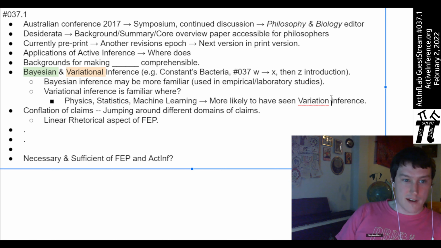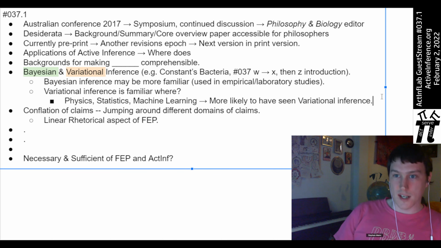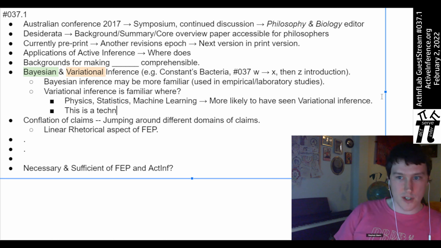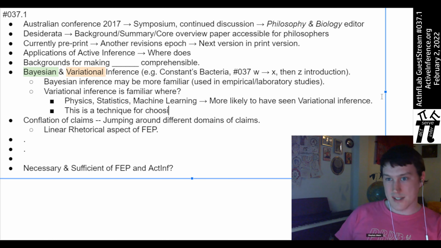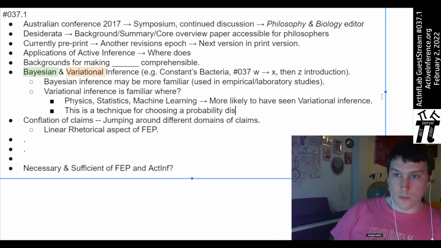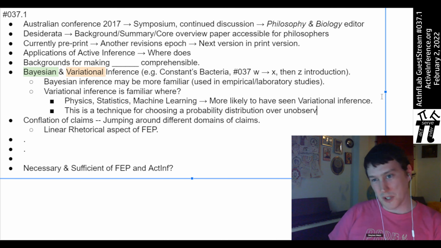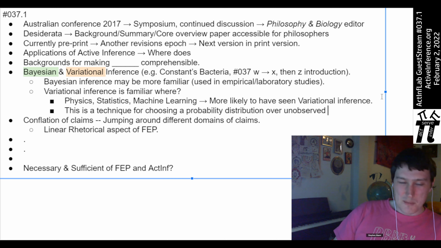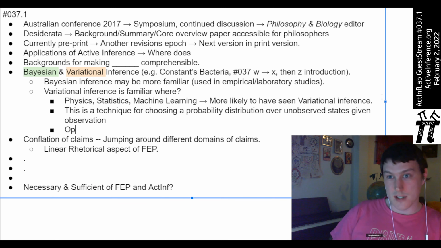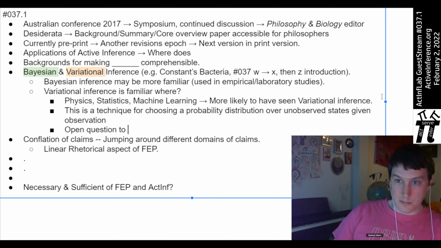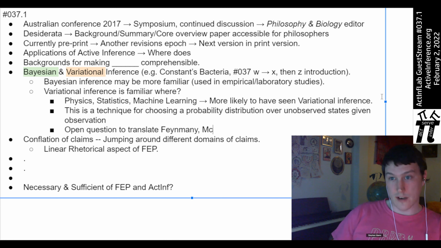What I understand variational inference to be is a certain kind of technique for choosing a probability distribution over unobserved states that started in physics, as I understand it, with Feynman, although I put a little footnote in the preprint pointing out that I haven't been able to translate the material in that Feynman book to the later stuff, especially what David MacKay talks about in his textbook on information theory, which includes some issues in variational inference.